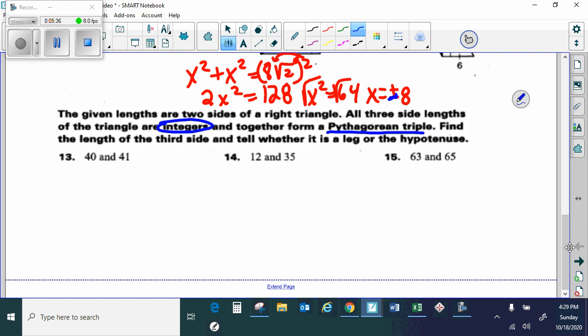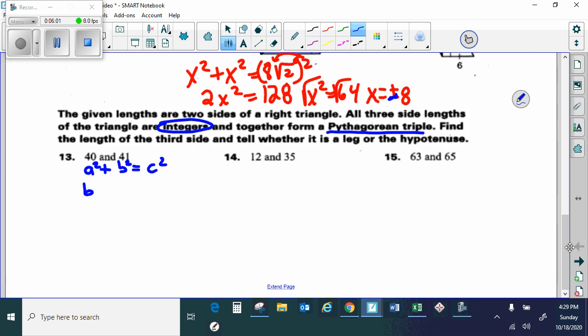So this could either be A and B, or it could be B and C. One of the two. A and C would be the same thing as B and C, because it doesn't matter which one you call A and B. So either I'm squaring these two, adding them together, and it's going to come out to be C squared, or I would have B squared plus A squared equals C squared.